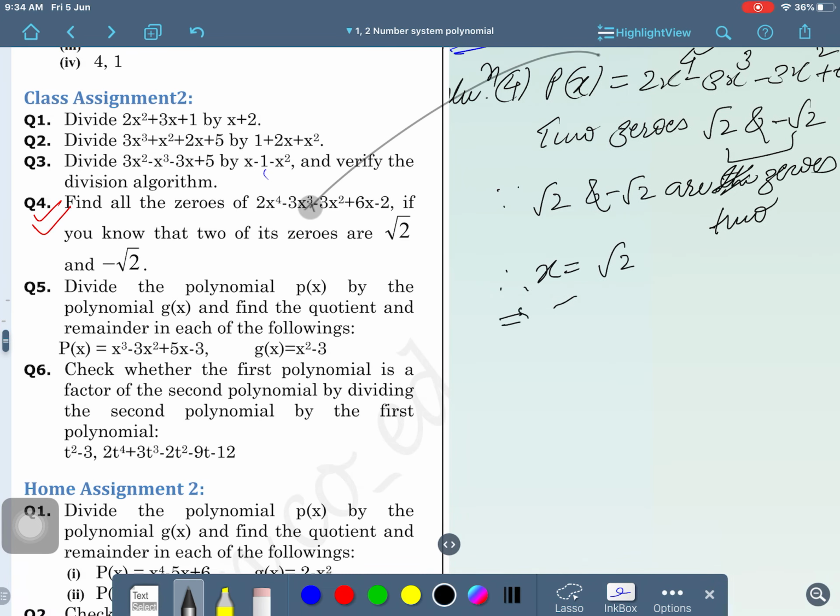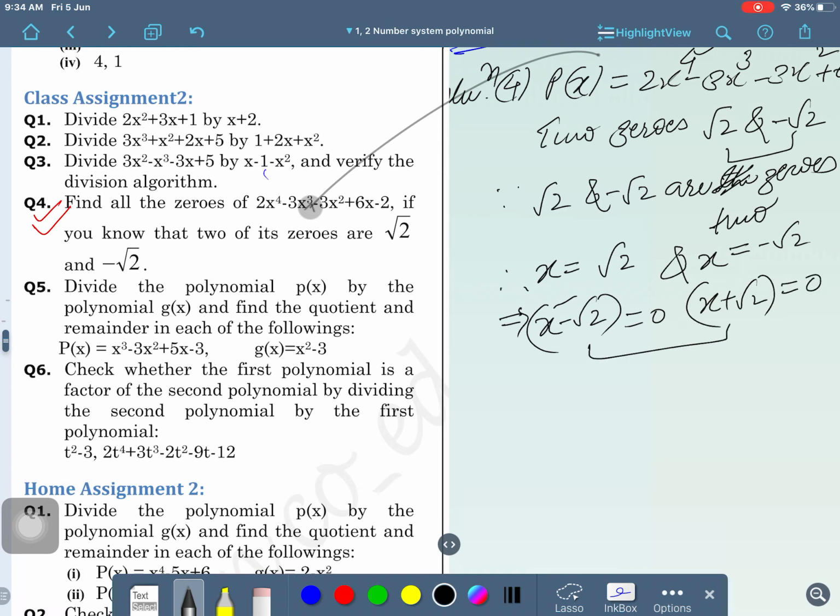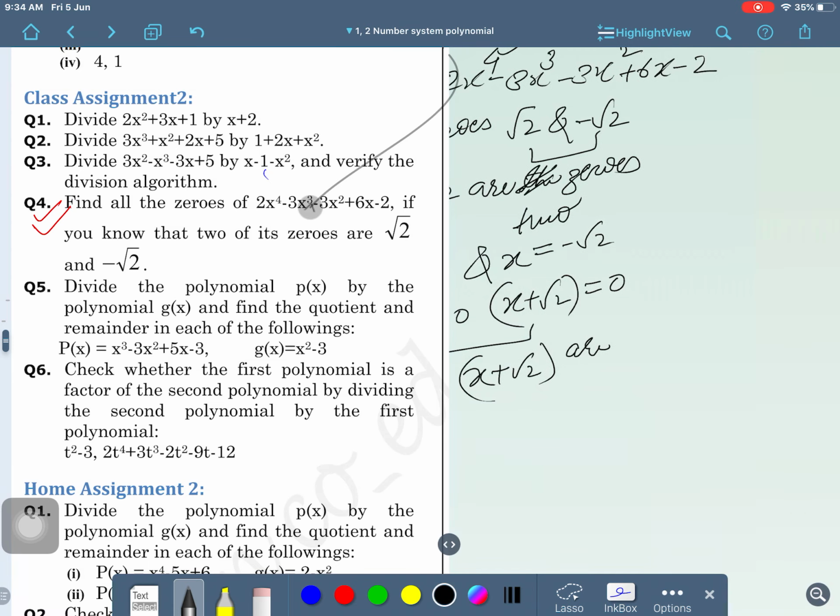The next will be x minus root 2 is equal to 0, and x plus root 2 is equal to 0. So, x minus root 2 and x plus root 2 are factors, they are factors.